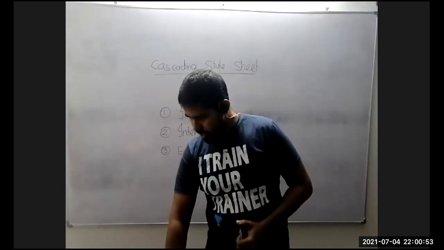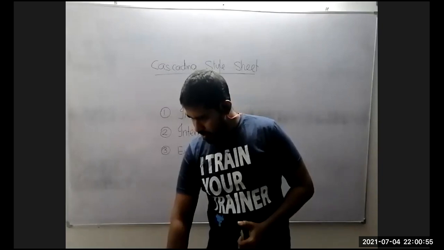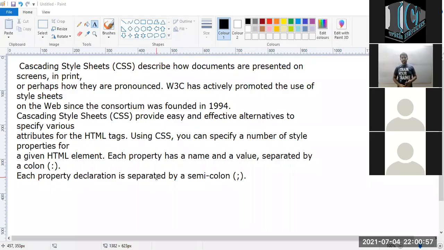Let me share this screen. Okay, Cascading Style Sheet, I put as the heading. Then you can write this down, what I have shared. Write this down: a small history about Cascading Style Sheet, how it was introduced.